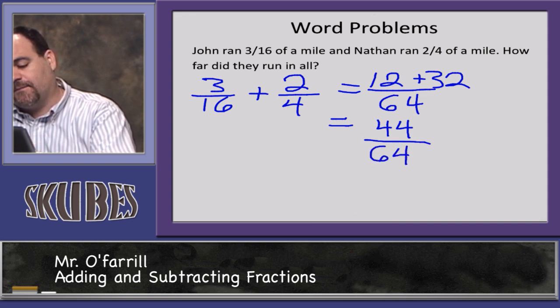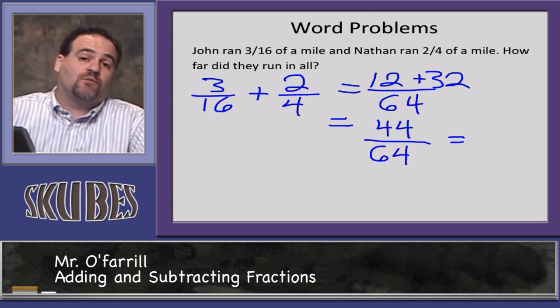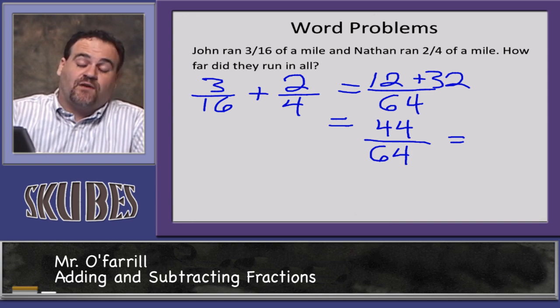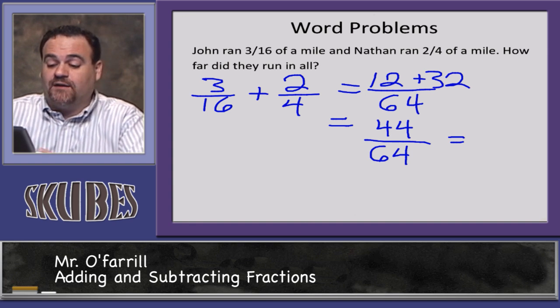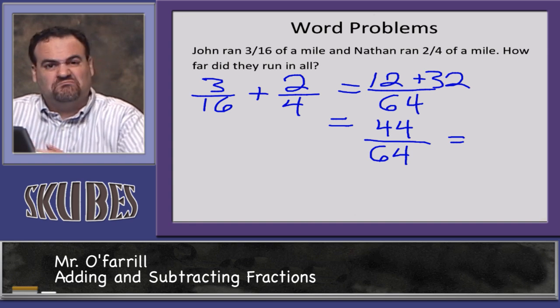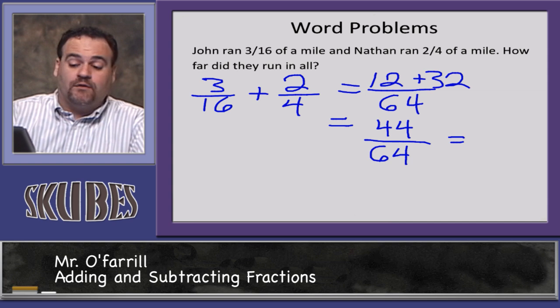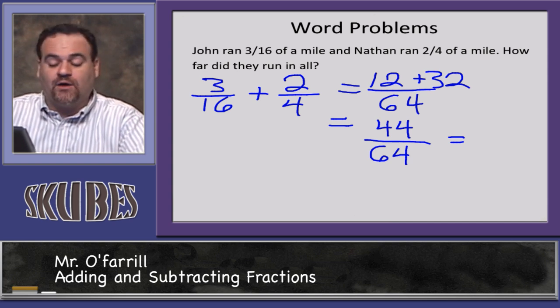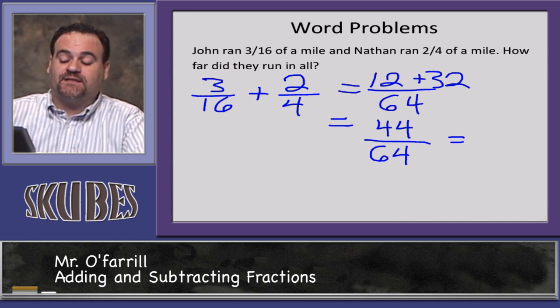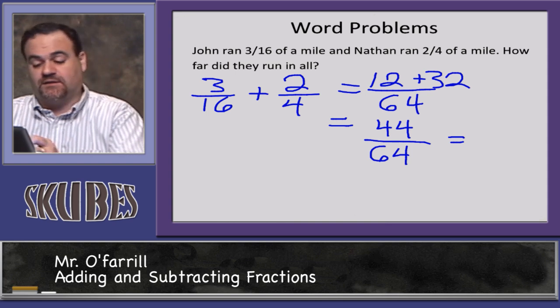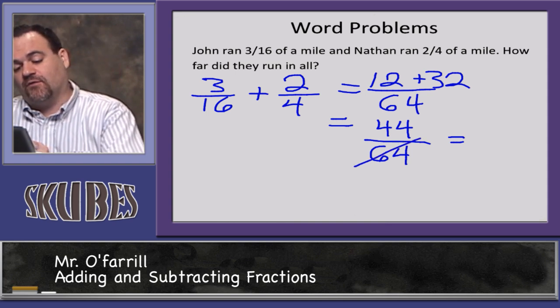over 64. But just like our last word problem, we're not done because this fraction can be reduced. You can tell since they both end with the number 4, might be a good thing to try the number 4. And just like we already experimented with, we know that 16 times 4 is 64. So 4 goes into 64 16 times.